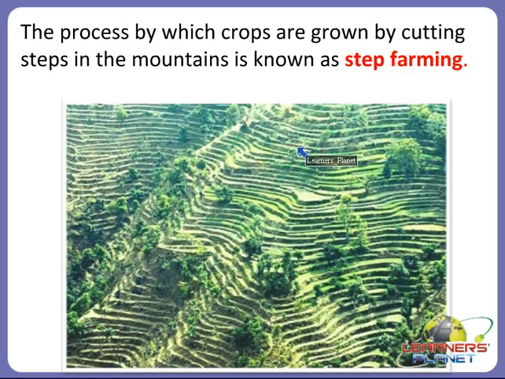But what is happening in this step farming process? Even if it is heavy rainfall or less rainfall, what happens in the sloping lands or in the hilly areas? There is plenty of rainfall, right?